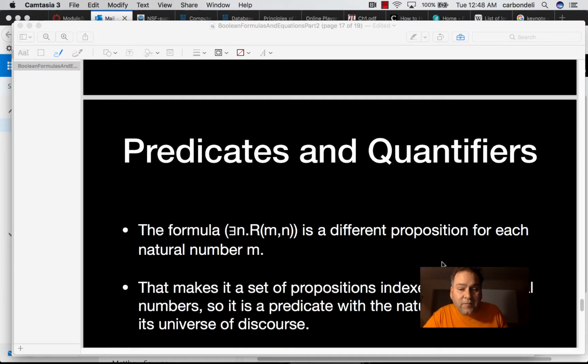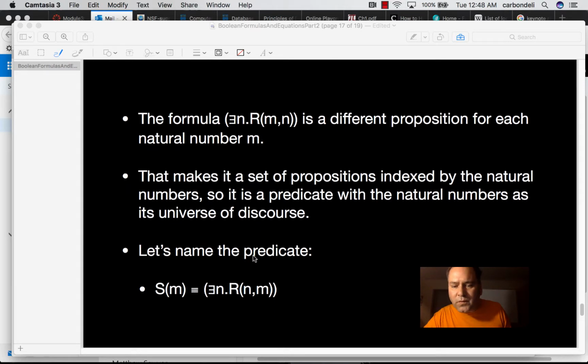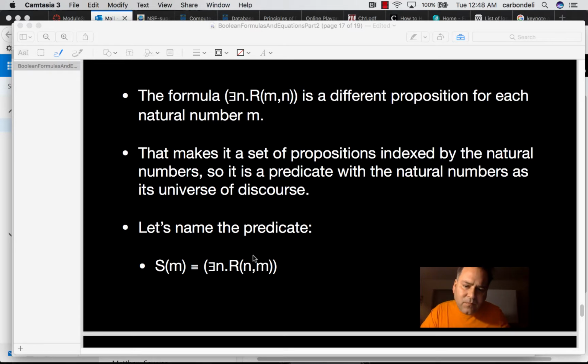The formula for some n, R of m, n is a different proposition for each natural number m. That makes it a set of propositions indexed by the natural numbers, so it is a predicate with the natural numbers as its universe of discourse. Let's name the predicate.